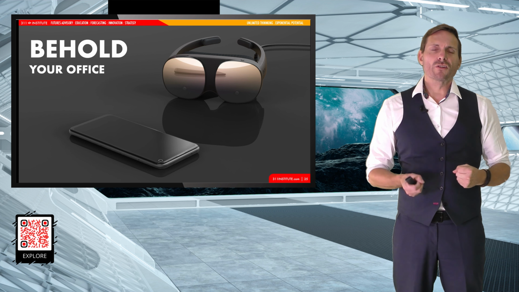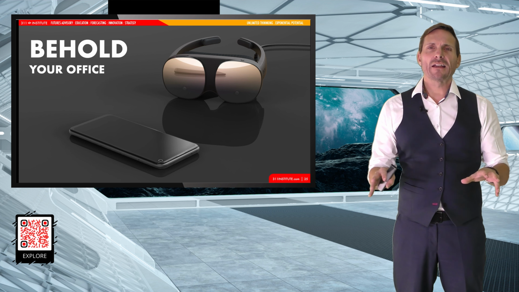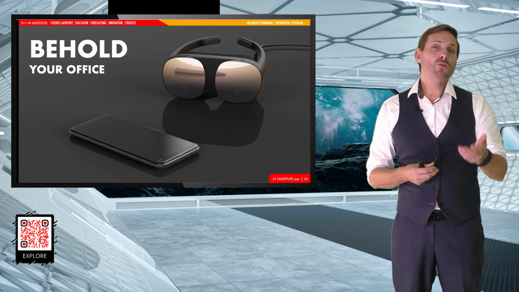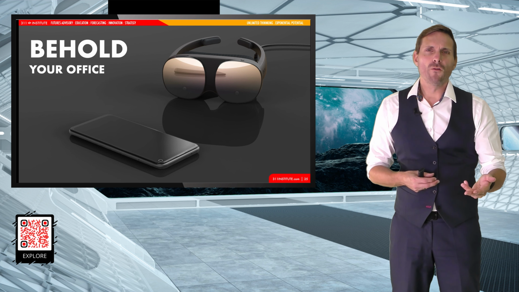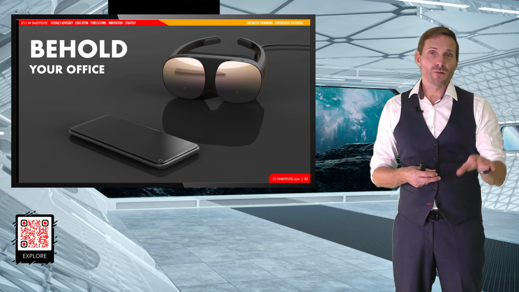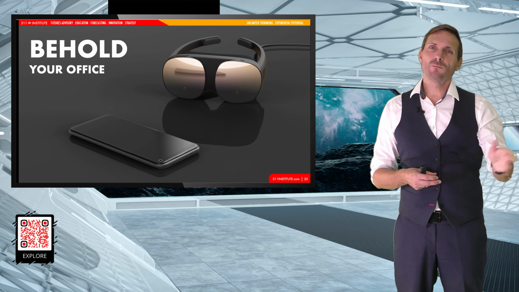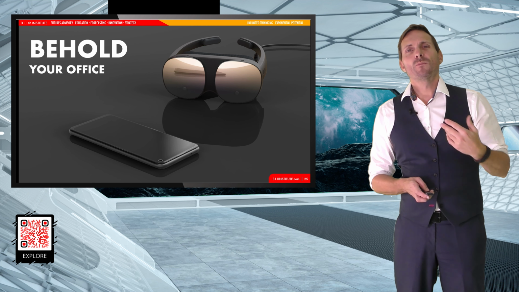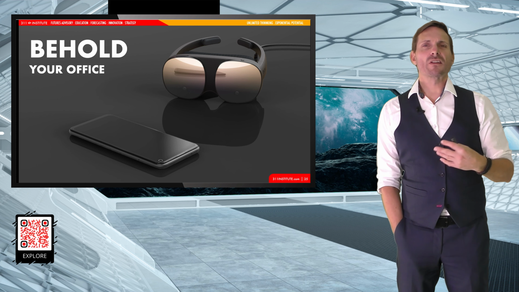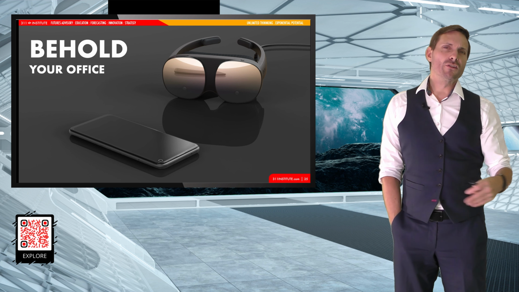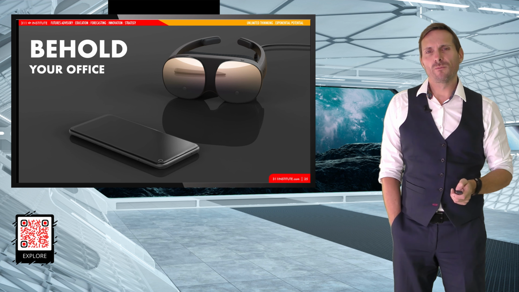Increasingly, we get rid of the controllers because we can do things with our hands, and the camera's in these particular glasses. So if you want to get into a virtual reality office, pretty much now, but certainly in the near future, you just put these glasses on, you're in. You take them off, you're out. So again, when we start having a look at the acceleration of some of these different states of matter, as I call them, increasingly virtual will actually start taking off more.